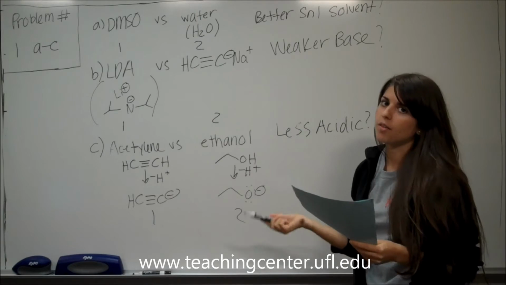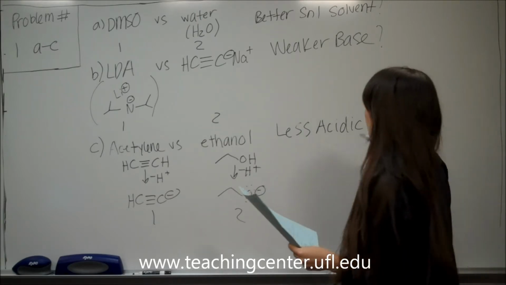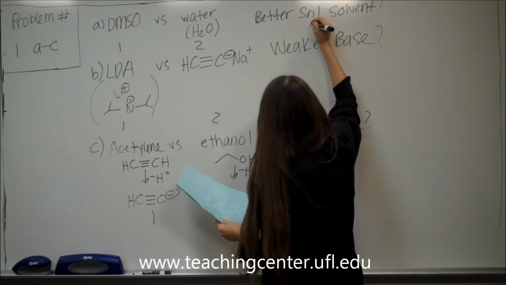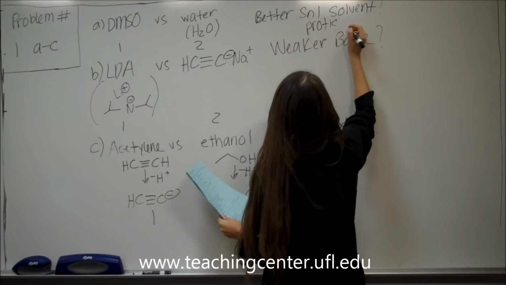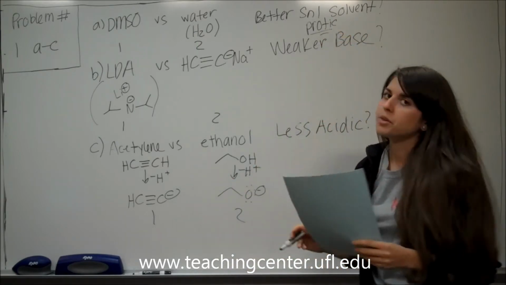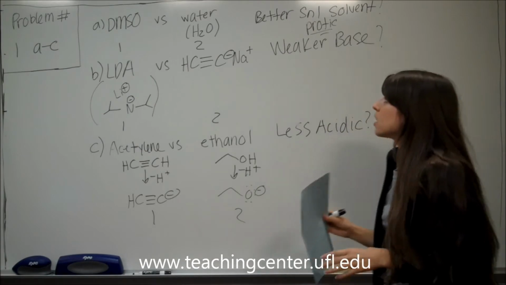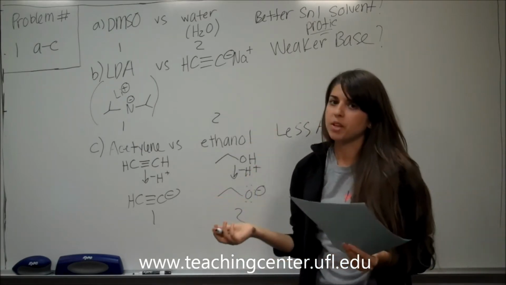better SN1 solvent. Well, we know that just from our notes that the better SN1 solvents are protic solvents. Whereas for SN2 we want aprotic solvents. So just from knowing that, something that's protic is something with hydrogens.